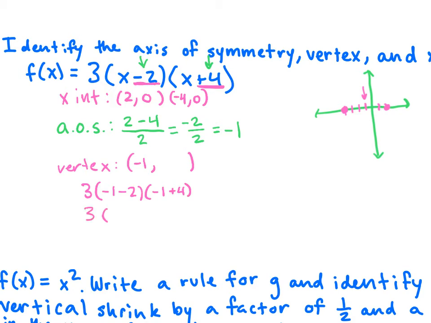So -1 minus 2 would be -3, and -1 plus 4 would be +3. So 3 times -3 times +3 would be -27. So our y value in our vertex is -27.